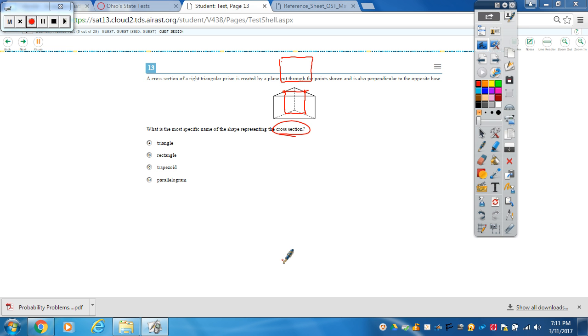And so what they're really asking is if I peel this shape open, what will I see on the inside? I'm going to see a rectangle there, and so that one's going to be a rectangle.